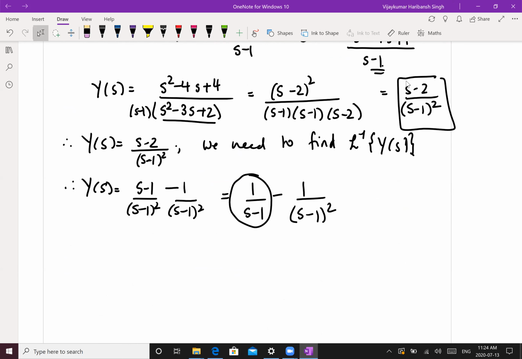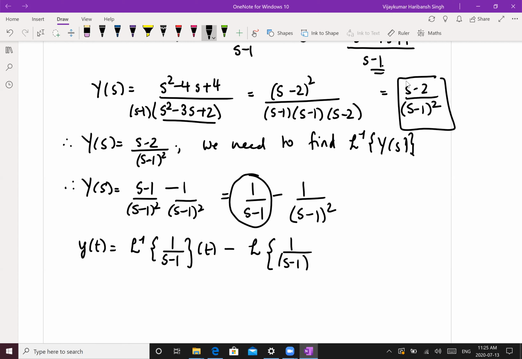So y(t), I can write by linearity, is going to be the L inverse of 1 upon s minus 1 evaluated at t, minus the Laplace inverse of 1 upon (s minus 1) squared evaluated at t. So the first is going to be e to the power 1t, or e to the power t. And what about this guy?